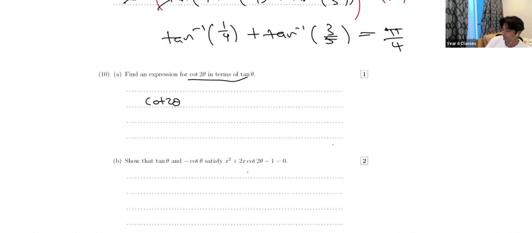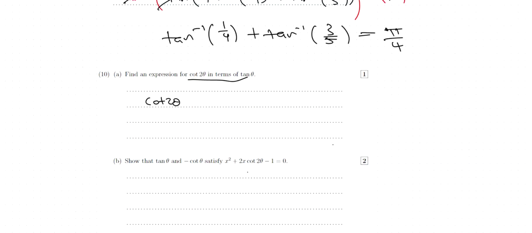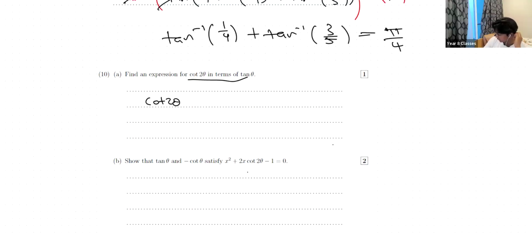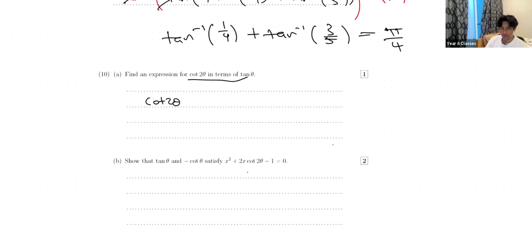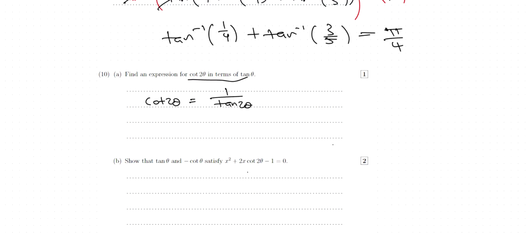Think about that first. Cot is 1 over tan. Yep. So what will cot 2 theta be in terms of tan 2 theta? 1 over tan 2 theta. Yep. And are we able to find what tan 2 theta is? Yeah. So how are we going to do that?